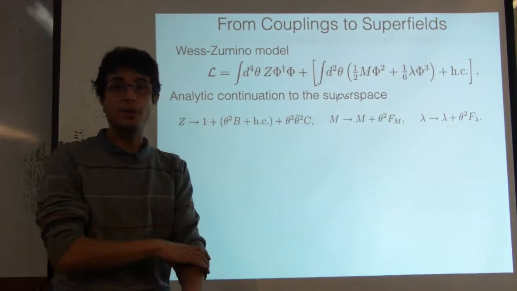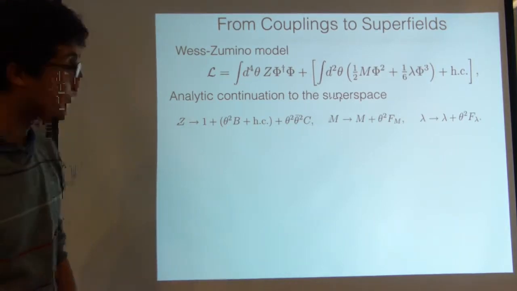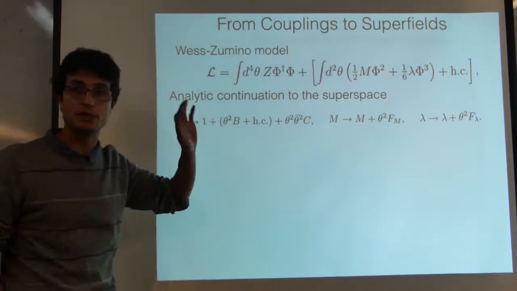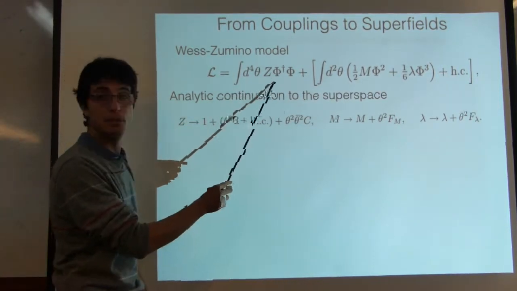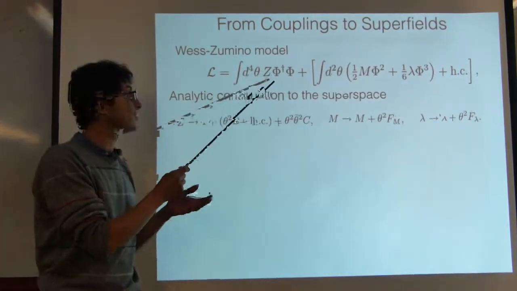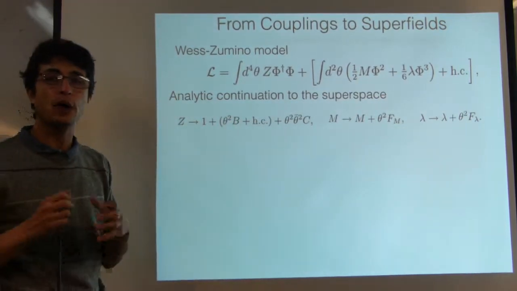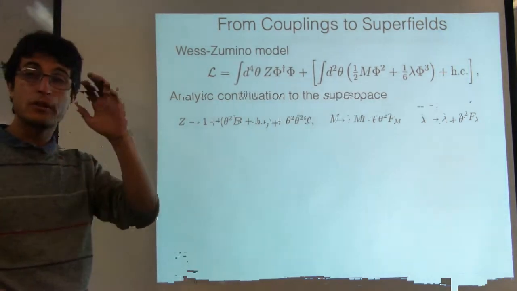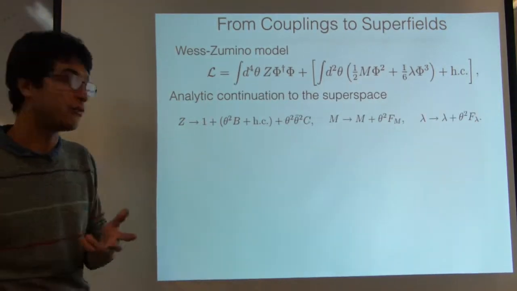So with this background, let me now go to the real point of this talk. Imagine that you have a supersymmetric model, and here we have the simplest one, that is the Wess-Zumino model, where you have the Kahler potential in here and some superpotential. Here, in principle, this one and these two are just numbers. But I want now to extend these numbers and think of them as if they were fields, actually superfields.